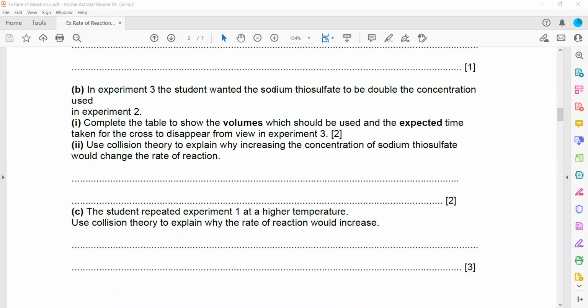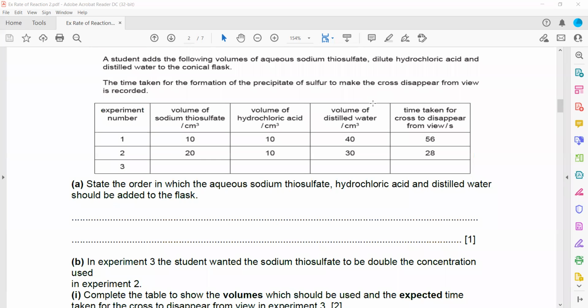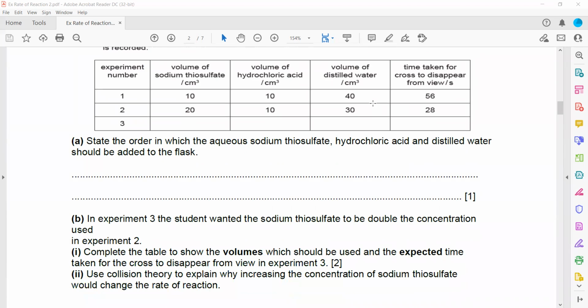In experiment 3, the student wanted the thiosulfate to be double concentration compared to experiment 2. Complete the table. If we want double concentration, we want more thiosulfate compared to experiment 2. In experiment 2, the student was using 20 cm cube, so he wants to double the amount of thiosulfate. What is double of 20? It means he will use 40 cm cube of thiosulfate.